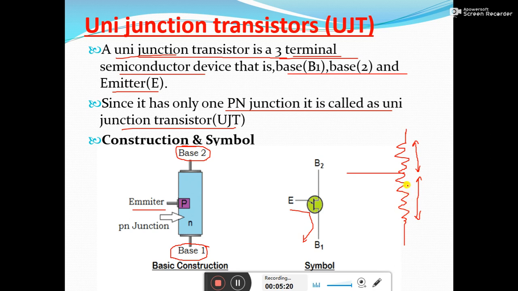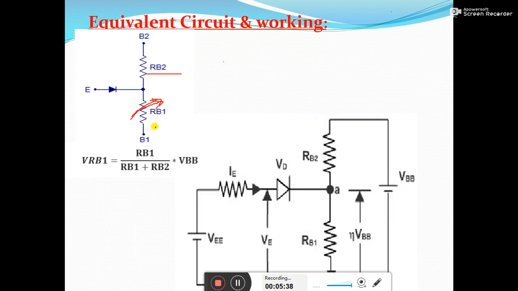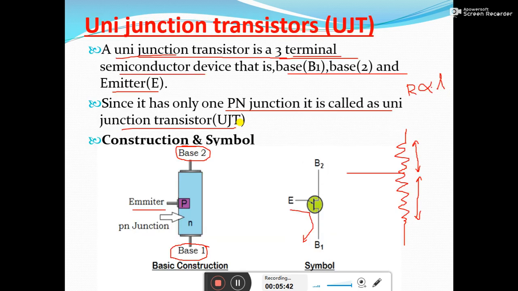Resistance is directly proportional to the length of the material. Since the length of the resistor towards the base 1 region is more, RB1 is always greater than RB2. So let's write it here.